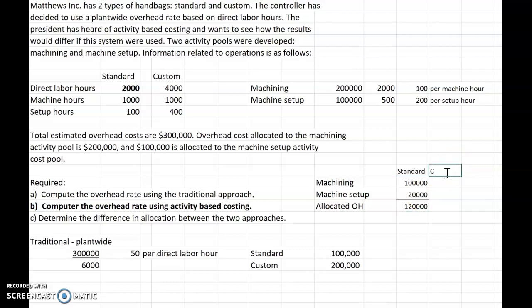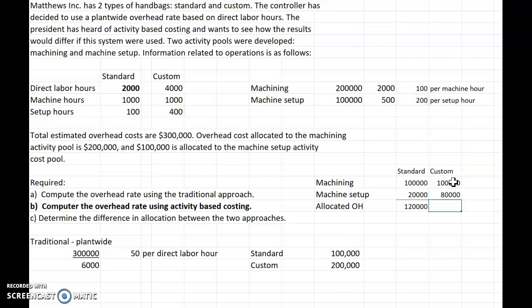And we'll do the same thing for custom. To get the machining overhead, we'll take the overhead rate for machining, it's $100 per machine hour, and we'll multiply that by the machine hours used for custom. So that was also 1,000. For machine setup, we'll take the $200 per setup hour activity rate for machine setup and multiply that by the 400 setup hours for custom.